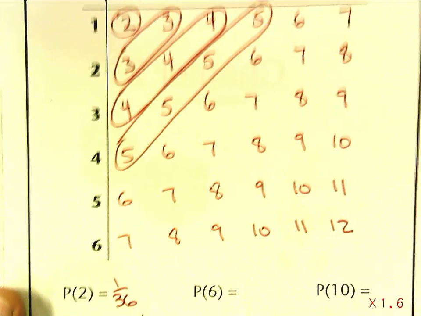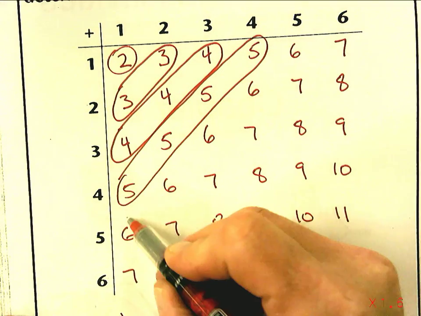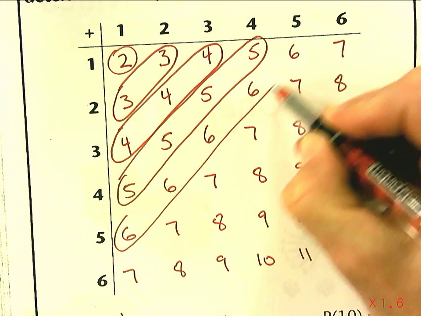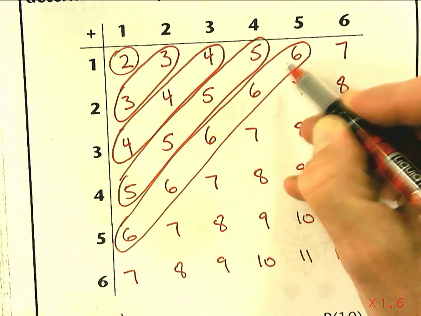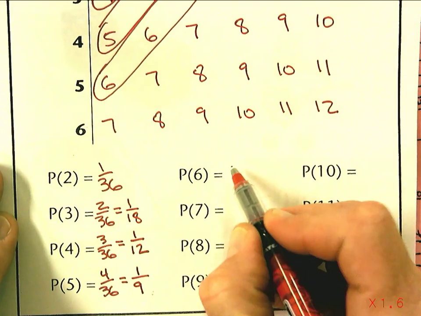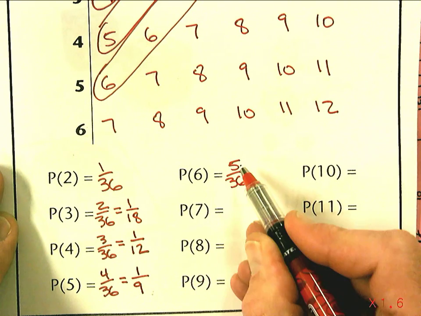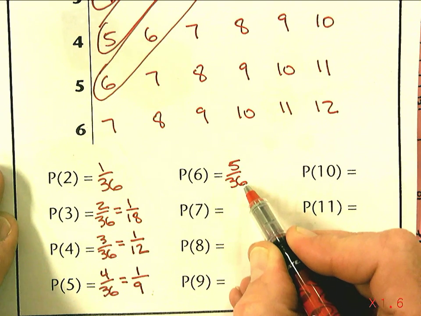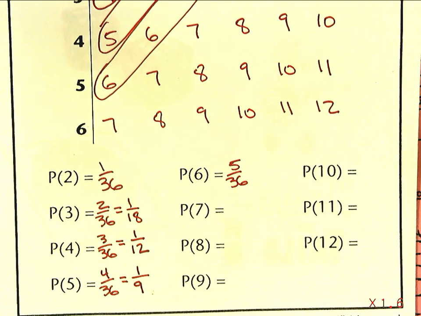And then the probability of 6s, there's lots of those. So we're getting lots and lots more. All of those ways. 1, 2, 3, 4, 5 out of 36. And this is one of those fractions that we can't reduce because 5 is prime and it doesn't go into 36, so that's the best you can do for 6s.